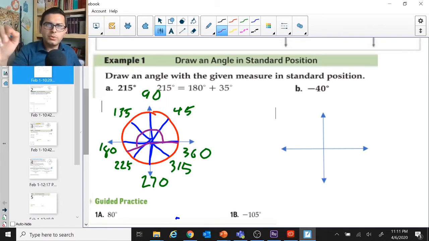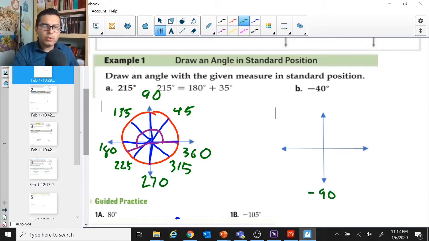Well, we know a couple things about this. First of all, if this is a negative angle, then we're going to go the reverse direction around the circle. So instead of saying this is 270 right here, we are going to say that this is negative 90. Well, how can we say that?